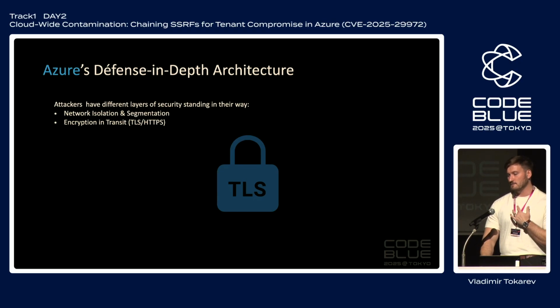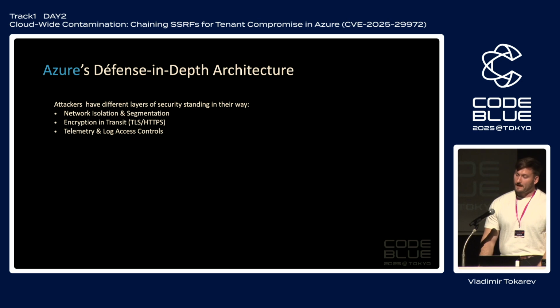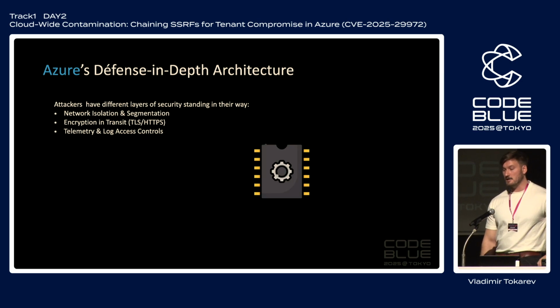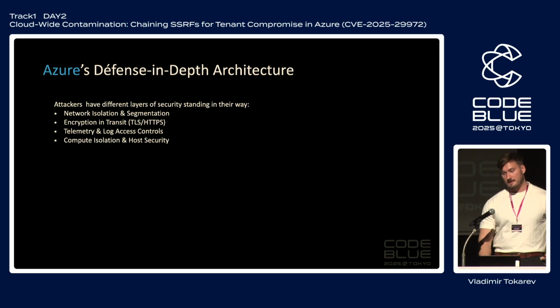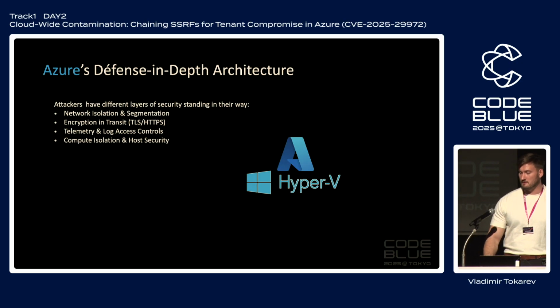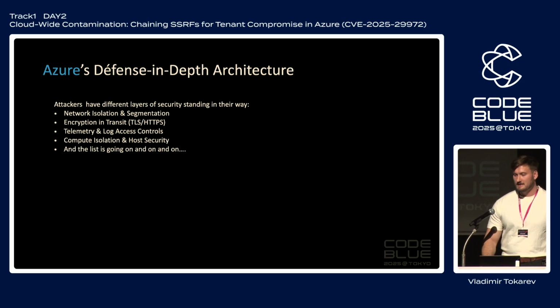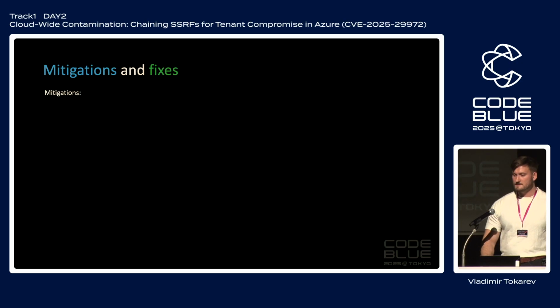Again, very hard to bypass that. Telemetry and log access controls, as we said, we have specific hardware we need to use for that. Again, hard to steal it. Then compute isolation and host security. We have a specific flavor of Hyper-V for Azure servers, and there are a lot more of those. Those are making life harder.